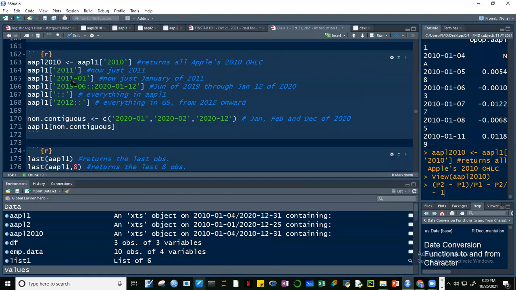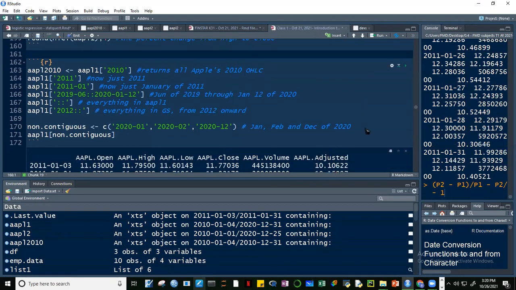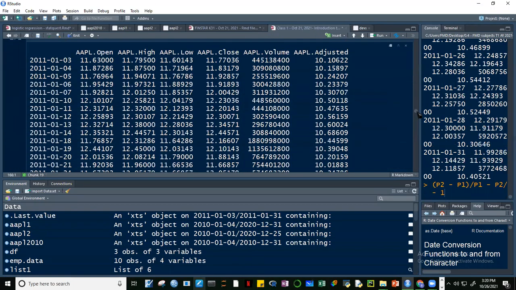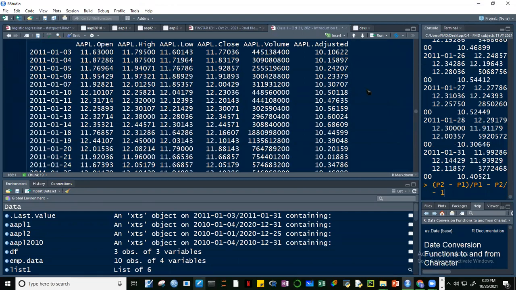this tells us just the January of 2011. So if I run this, notice that it's only January of 2011.